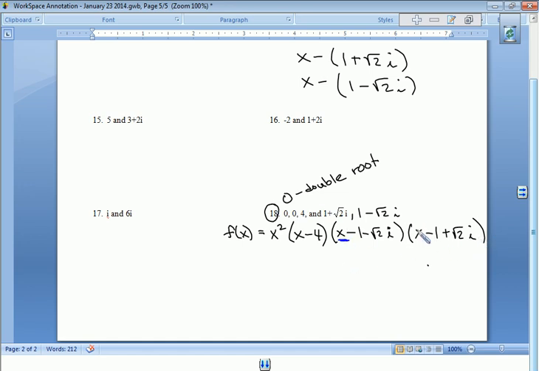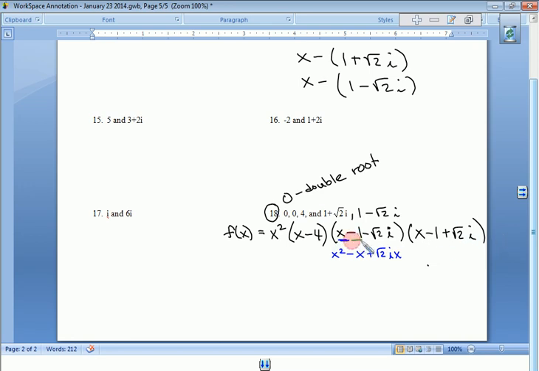So when I distribute this x through this factor, x times x is x squared. x times negative 1 is negative x. x times root 2i is root 2ix. Okay? So that comes from distributing that first term of this factor throughout the second factor.